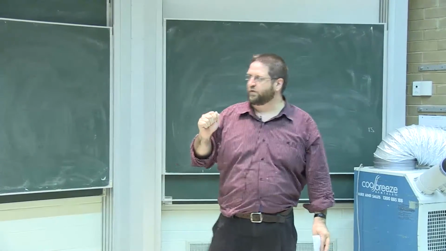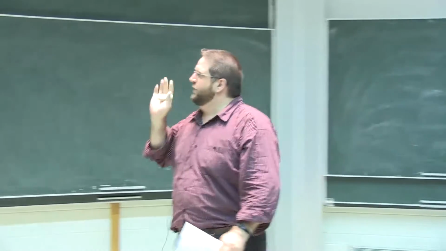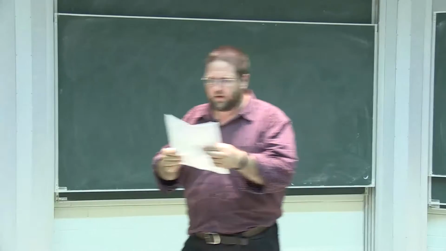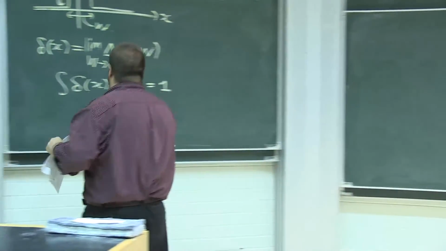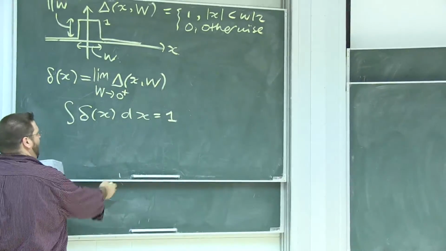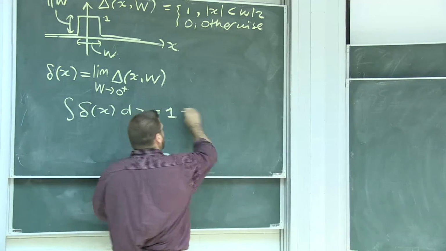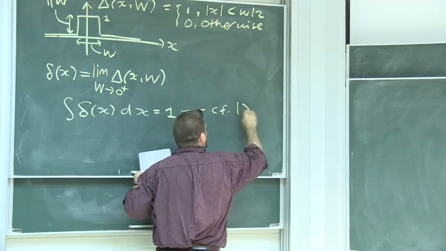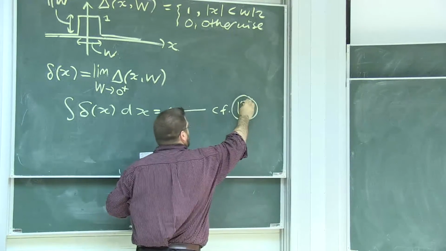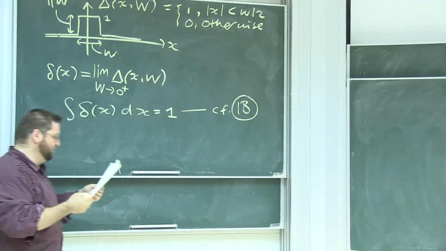This definition is not unique. So this is our Dirac delta. I've just made the point that its area is 1, and again this is a one-dimensional form of 18. So I invite you to compare this with equation 18, which just writes this in the three-dimensional form.